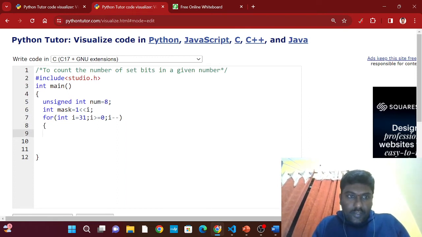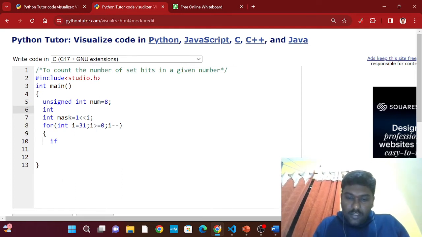Okay, so there is no need of shifting separately. My value is num now, so I am going to take num and do a bitwise AND operation with 1 left shift with i. So already I have taken it as mask, so therefore I am writing mask.